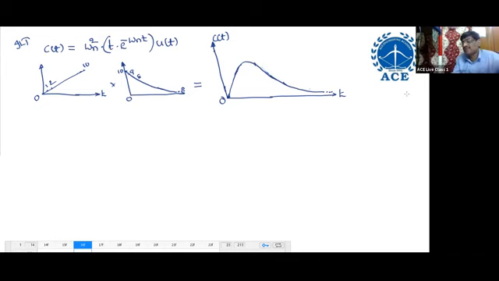This is the exact response of critical damped system. Critical damped has the lowest time constant. It reaches steady state very quickly. Compared to all the systems, critical damped takes the least time. So this is the response for critical damped system.